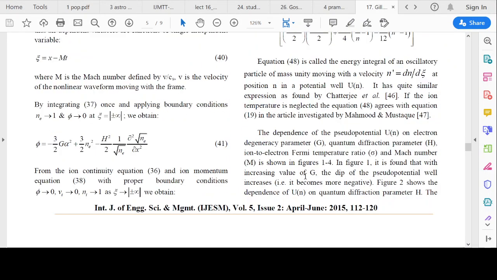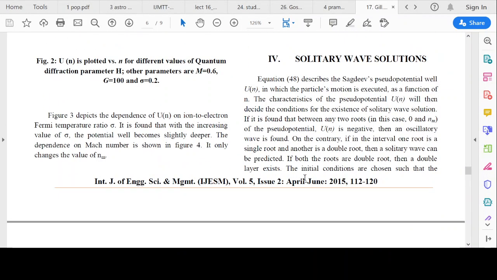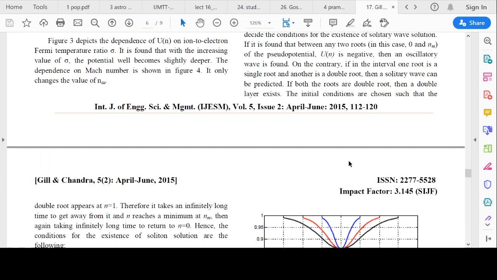Now applying certain boundary conditions. What are those boundary conditions? So how to find the solitary wave solutions?